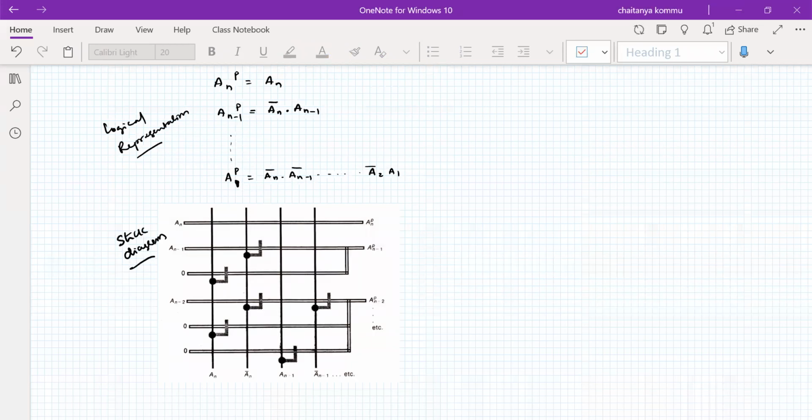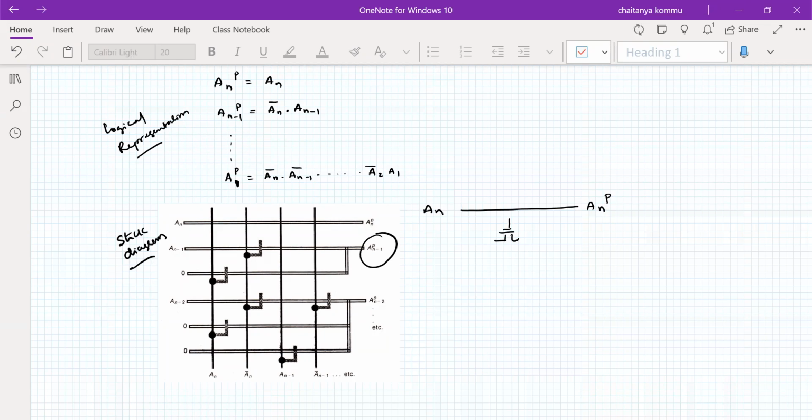Simply one direct line is available for AN, from AN of P it will be generated. What about the second case? For this one, I have to consider AN bar as one transistor here.